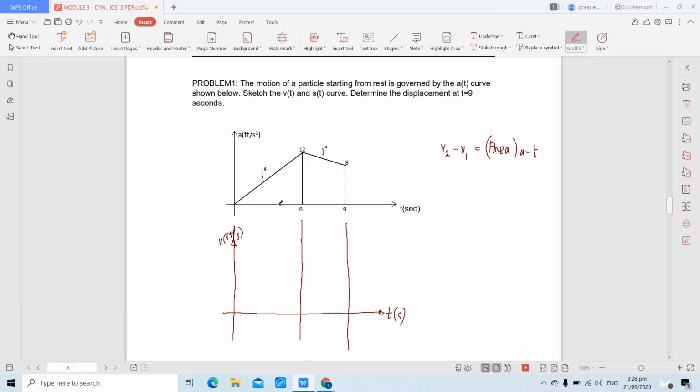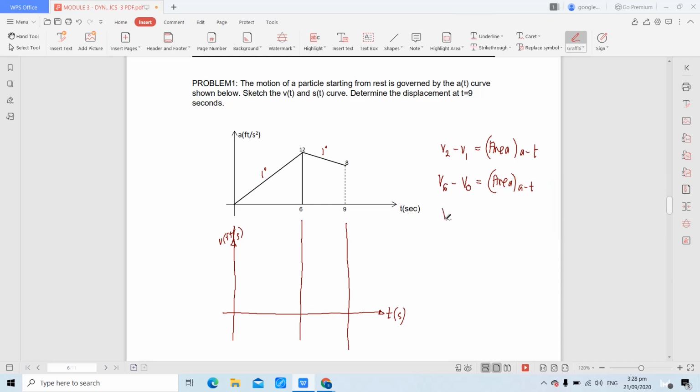The area from 0 to 6 seconds and the area from 6 to 9 seconds. No? So, analyze natin separately. From 0 to 6 muna tayo. So, velocity final is the velocity at 6 seconds minus velocity initial is the velocity at 0 second, equivalent to the area of acceleration versus time graph from 0 to 6 seconds.